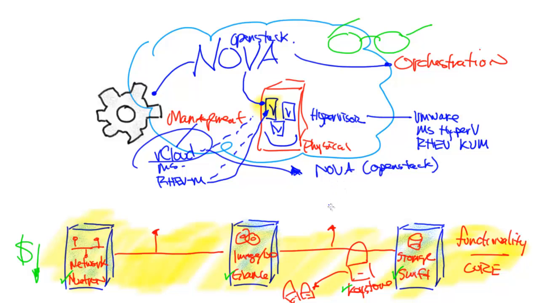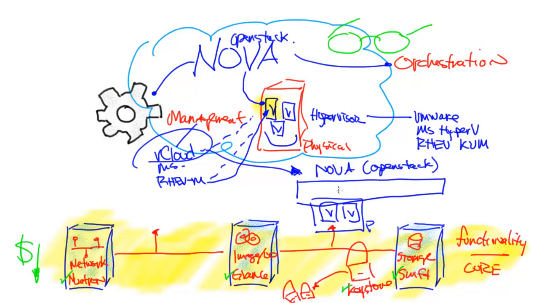And then in order to get to the hypervisors, where the virtual machines are on the physical machine, we have to put in a layer. In this case, it happens to be vCloud. So this basically says my customers are coming into OpenStack, they go down to vCloud, and then they go to the hypervisor, and then they go to the applications.